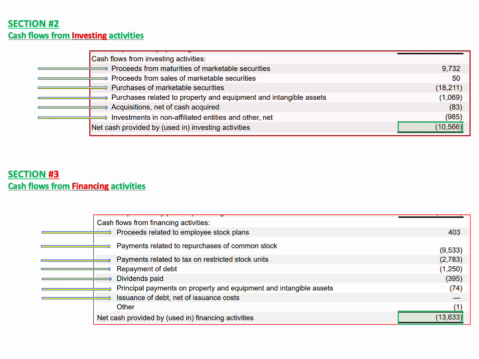Payments related to repurchasing of common stock: in this case, the company decided to buy back NVIDIA shares, so that was worth $9 billion. That's cash that left the company, as did dividends, etc. So all these are expenses. Again, the total at the bottom is $13.633 billion.